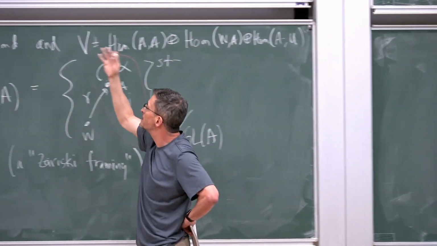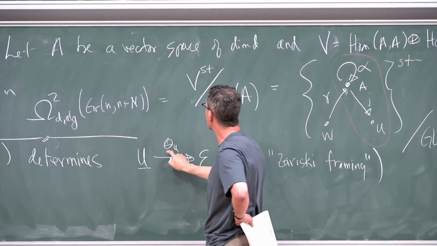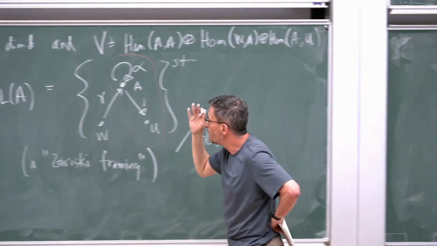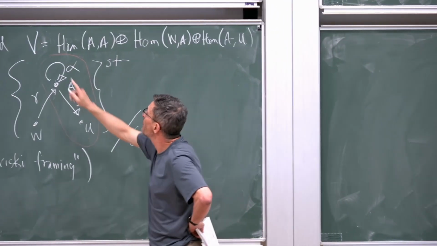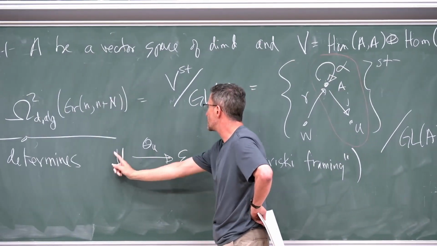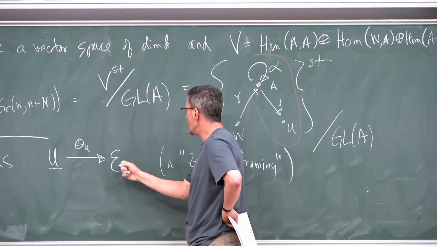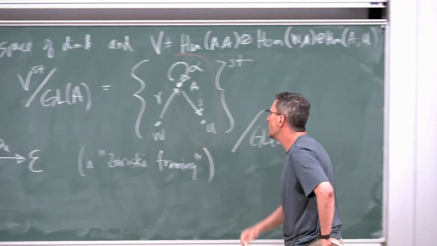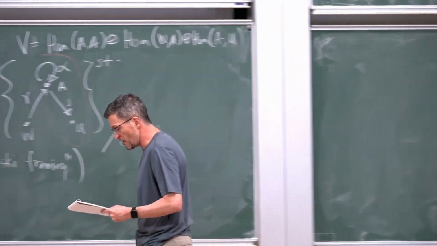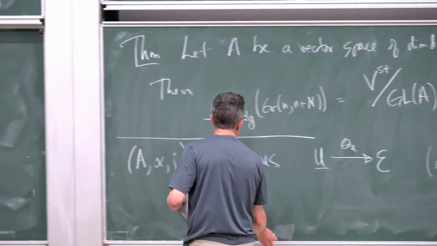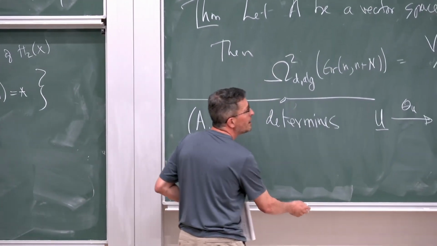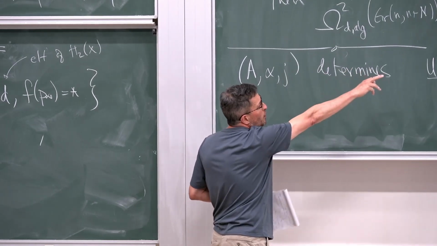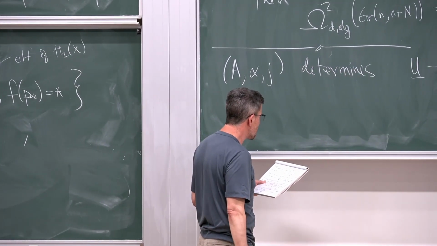It's isomorphic canonically to U by this guy in particular at infinity, but this surjection here is actually sort of trivializing this E on some Zariski open set containing infinity. So let me just call that Zariski framing, and let me show you how to think about this part of the quiver as giving rise to that data.